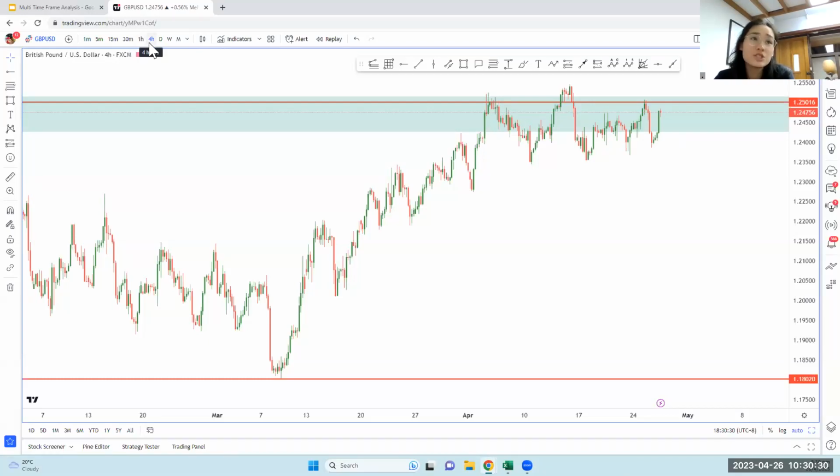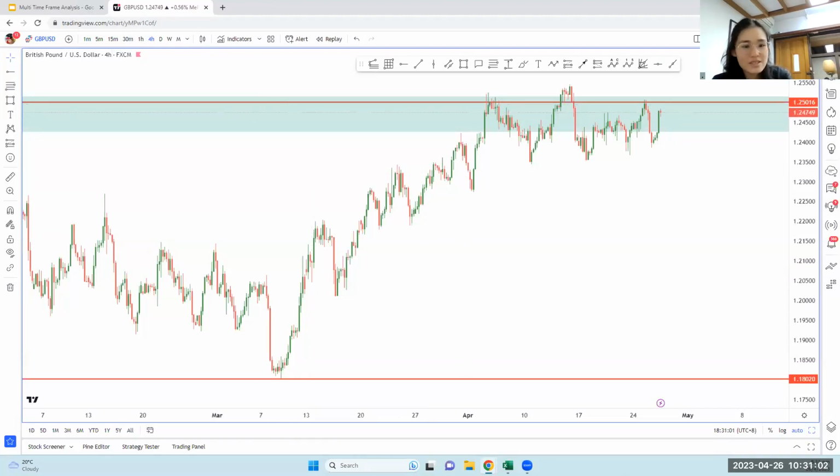So similarly, if you're trading on a 5-minute time frame, we want to go up either by 4 times or by 6 times. So in that case, we would look at a higher time frame of 30 minutes. And you don't want to go more than 30 minutes, simply because if you're trading on the 5-minute time frame and you decide to analyze on the 1 hour time frame, it doesn't really make sense because you're zooming out way too much.